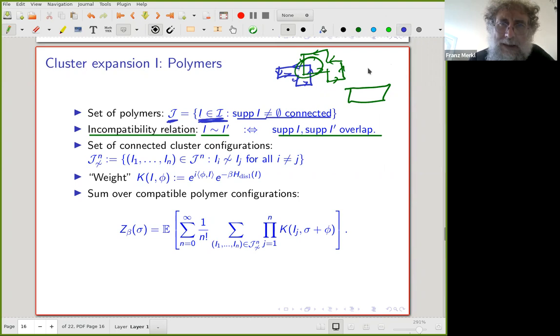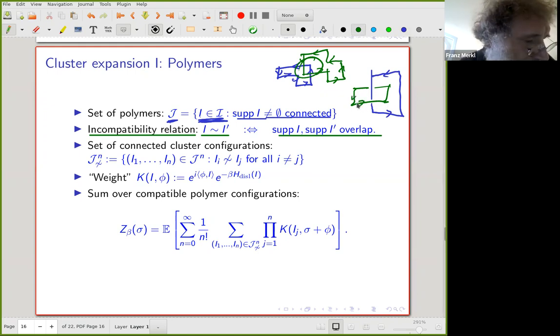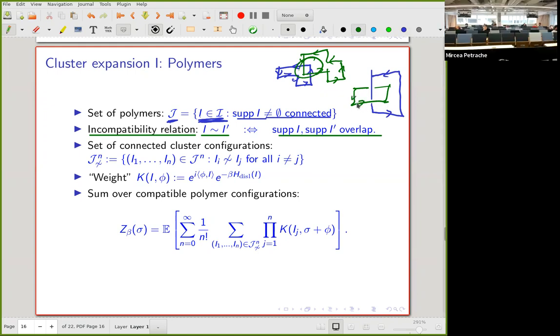So in 3 dimensions, there's no crossing, but maybe I should draw it like this. So we should use this as a 3-dimensional picture. This is certainly allowed, so they are compatible. Did I answer your question? Yes, exactly. That was the question.